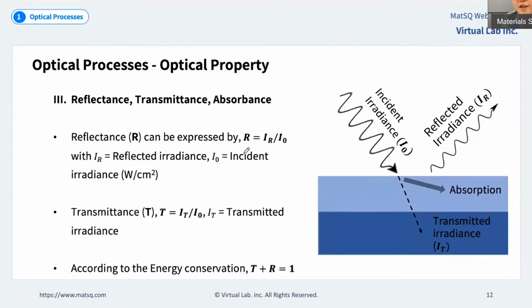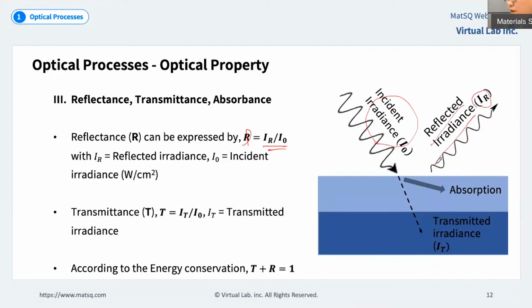What are reflectance, transmittance, and absorbance? Reflectance R can be expressed as equal to IR over I0, with I0 the incident irradiance and IR the reflected irradiance. So reflectance R can be defined by IR and I0.